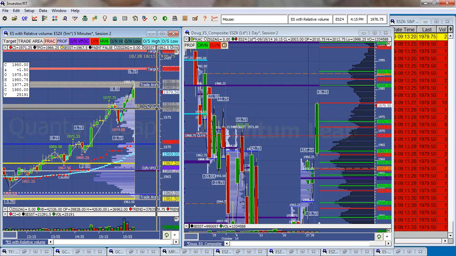And then anything below the, I'm going to put this as a double trade area down here because it's got to encompass all of this.